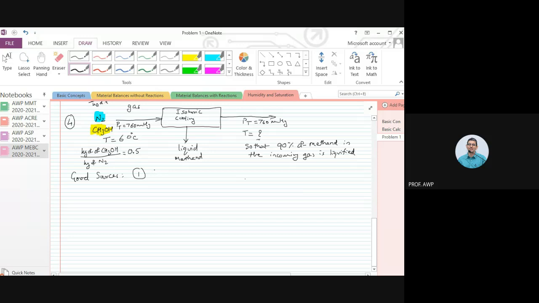There is a book called Handbook of Chemistry and Physics. That has a good source of data. There is something called Perry's Chemical Engineer's Handbook.